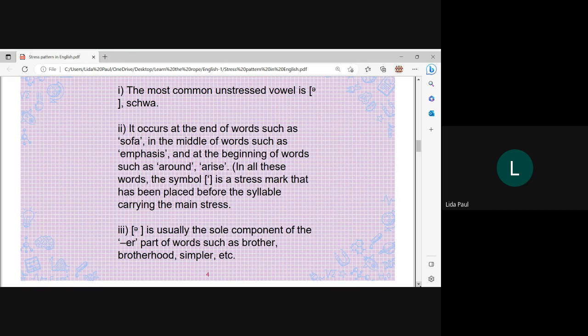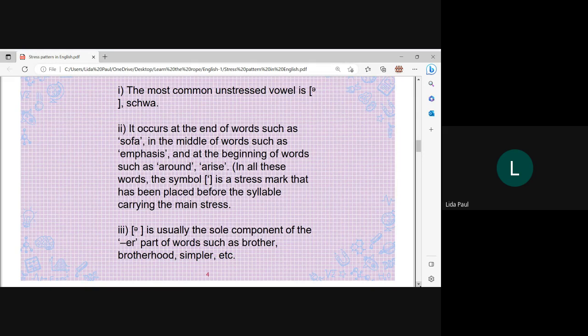Okay, so because of this part, it is quite important from the stress marking point of view that you should know that schwa is unstressed. Hence, any syllable that is constitutive of the schwa sound will not take the stress. Definitely, it will not take the stress. So you can leave it out as far as the marking of stress or stress pattern is concerned, right?